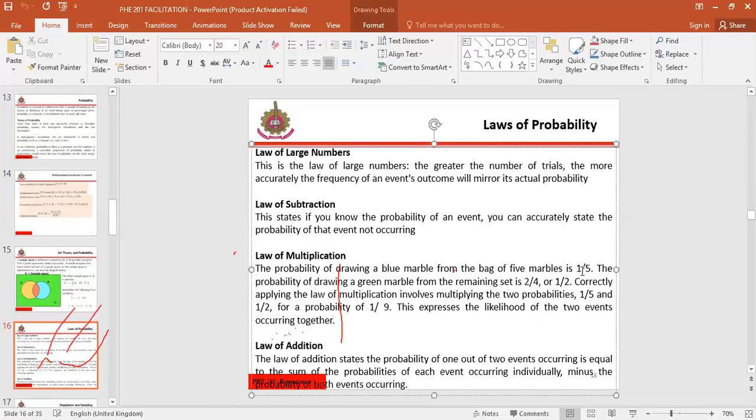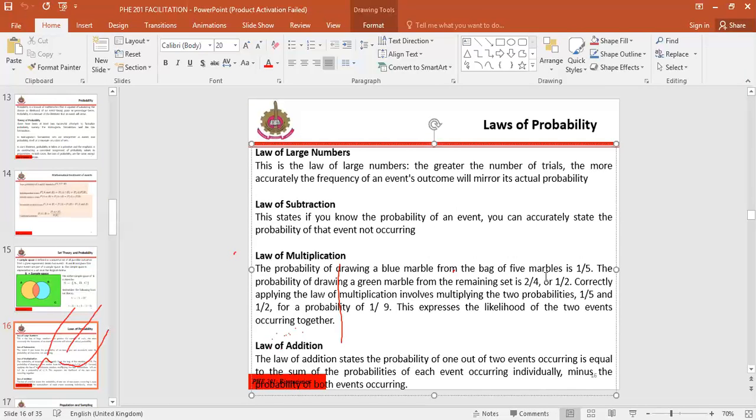Everything there is 5, and now you have to draw another, green marble. After you have removed one, the total would have reduced to 4. So when you remove the second one, the total number will be 4, not 5 again, because you have already removed one before.